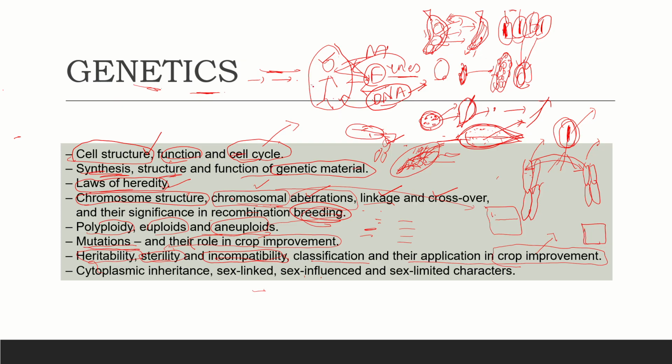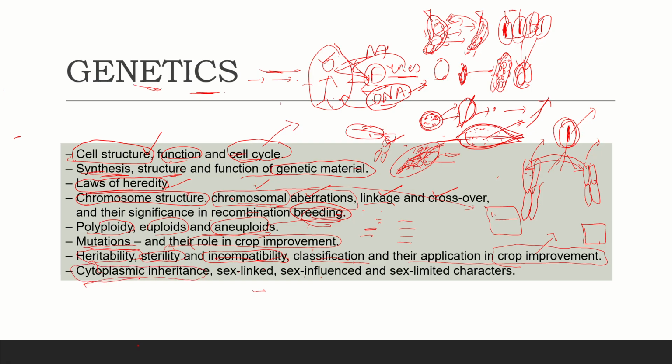Same as I explained here by taking the example of banana. That is nothing but crop improvement. All these things will help us. And I'll make everything clear with a lot of examples while I teach you all these things. Don't need to worry about that. But at a glance, I am explaining to you.